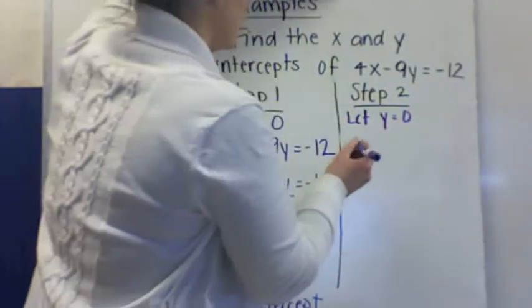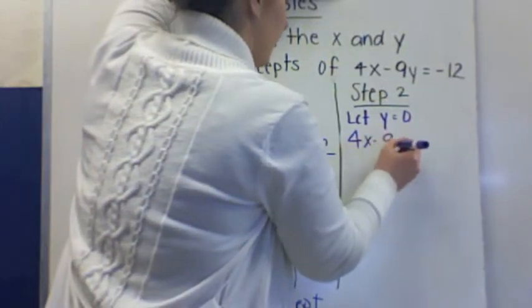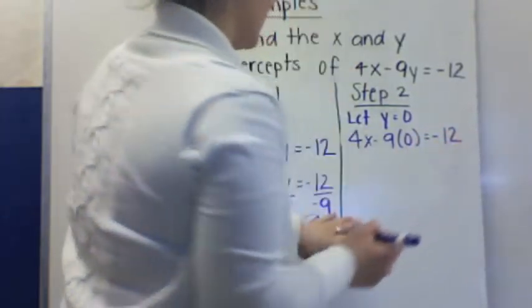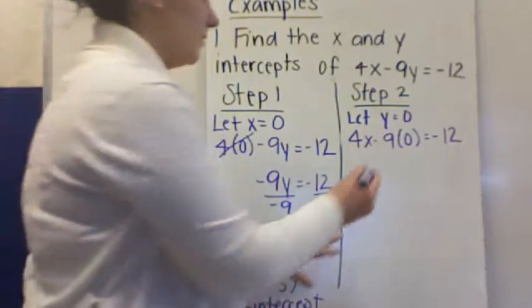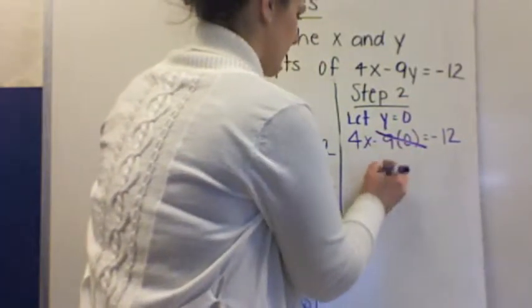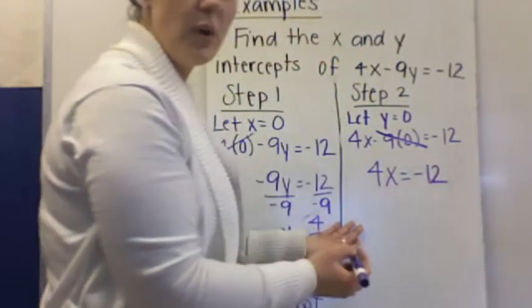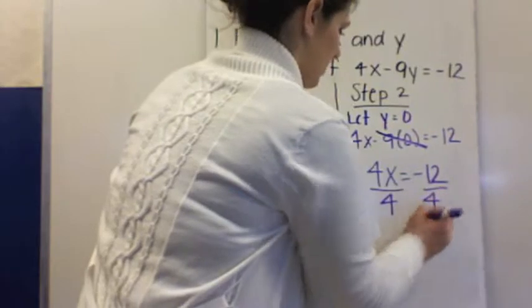So that gave us one of our intercepts, and to find our other intercept, now we let y equal 0. So if we substitute y equals 0, it's 4x minus 9 times 0 equals -12. Again, anything times 0, that part's going to be gone. So we're just going to have 4x equals -12. Another one-step equation, divide by 4.